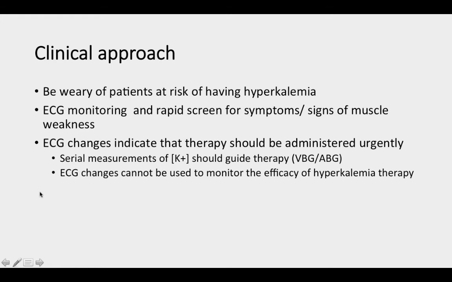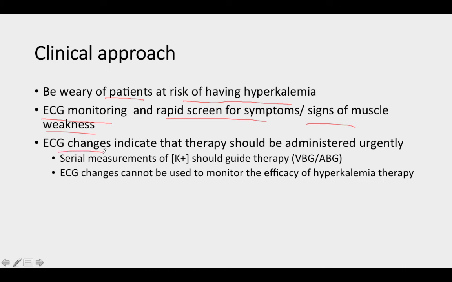So what's our clinical approach going to be with these patients? We need to be wary of the patients that are at risk of having hyperkalemia, and that's when you should be running through those etiology categories in your mind. Increased potassium release from cells, reduced ability to excrete potassium through the urine. In these patients, get them on ECG monitoring straight away and do a rapid screen for symptoms and signs of muscle weakness.